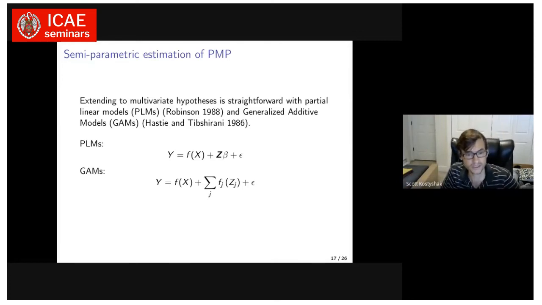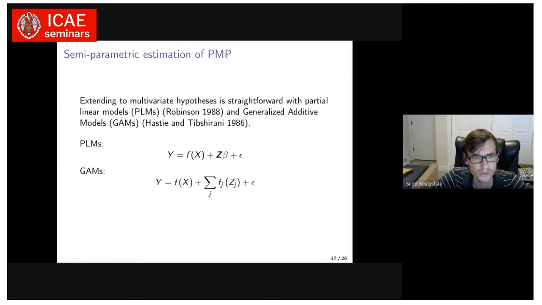Well, you can still estimate the PMP controlling for 100 covariates in many cases using either partial linear models, where we capture most of the effects linearly, but we allow for the effect of the variable of interest to be captured without specifying the functional form.